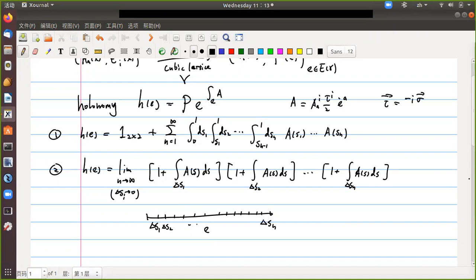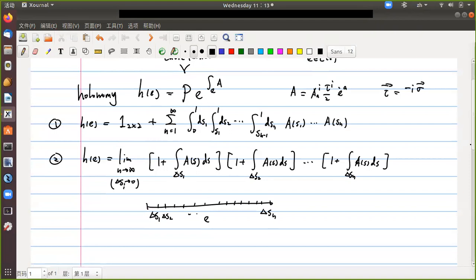And then this limit is taken when n goes to infinity, when the number of pieces goes to infinity. And so clearly this A(s) belongs to the Lie algebra su(2), and therefore this holonomy belongs to the group SU(2). So the 2x2 matrix belongs to the SU(2) group, a two-by-two unitary matrix of determinant 1.